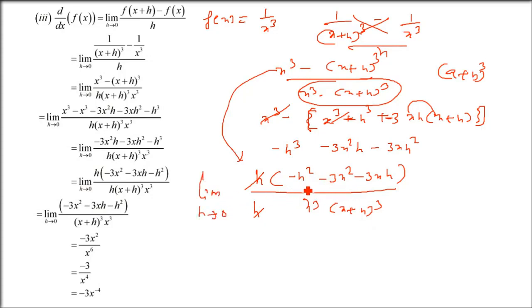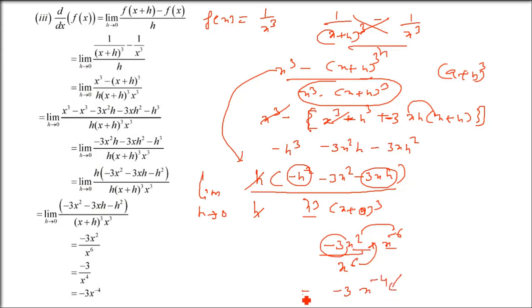Wherever h is there, put h as 0. This is 0, this is 0, so only minus 3x square will remain in the numerator, and x cube times x cube will be x raised to 6. That is x to the power minus 6 when it goes up; x square times x to the minus 6 gives x to the minus 4. So minus 3 x raised to minus 4 will come.